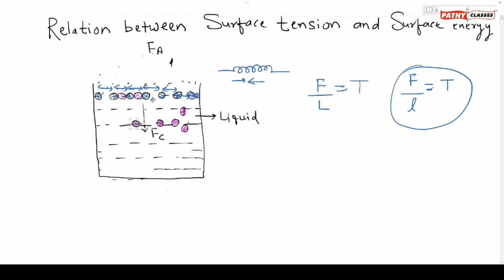Work has to be done to bring the molecule from inside of the liquid to the surface, and the work done is stored in the form of potential energy. That means the molecules were inside, now we brought them to the surface. When you bring them to the surface, the potential energy of the surface increases.